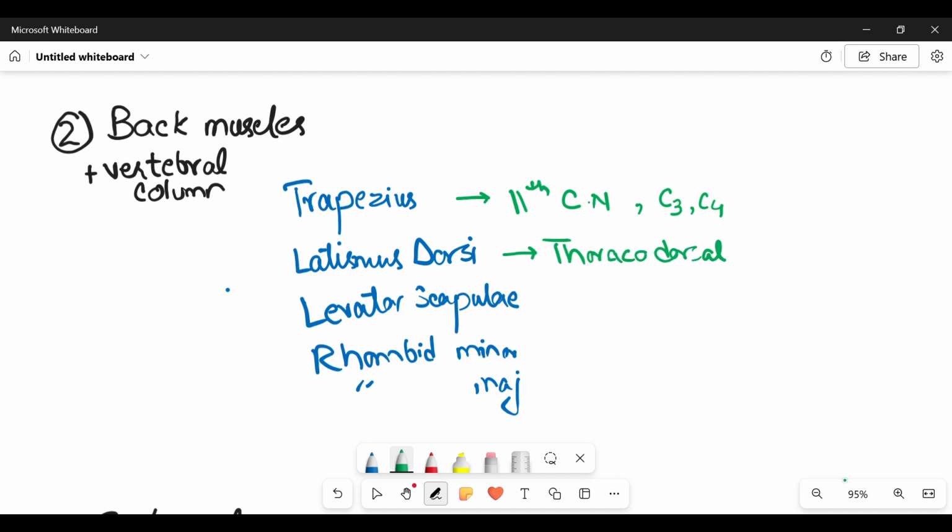Levator scapulae, rhomboid minor, and rhomboid major are combinedly supplied by the dorsal scapular nerve.